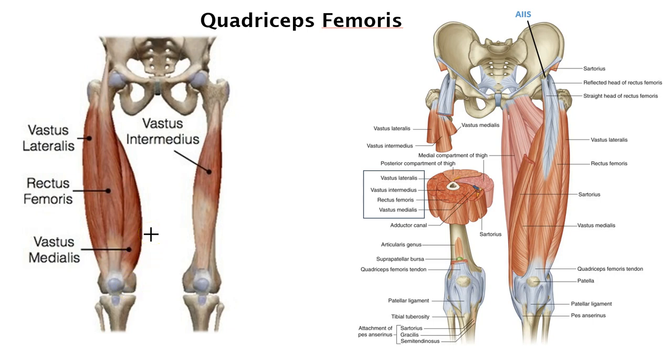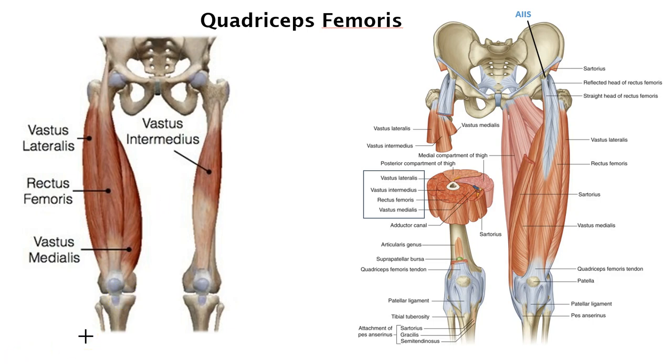It arises from the anterior inferior iliac spine of the pelvis, just under the ASIS, or anterior superior iliac spine, spans the length of the femur and contributes to the common extensor tendon of the quadriceps, which inserts into the patella and ultimately inserts onto the tibial tuberosity via a patellar ligament.